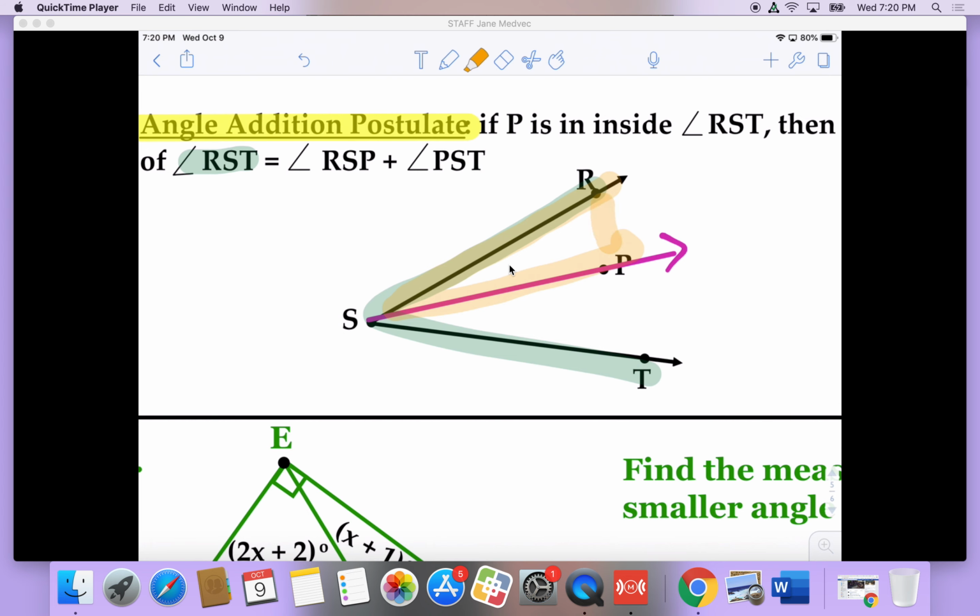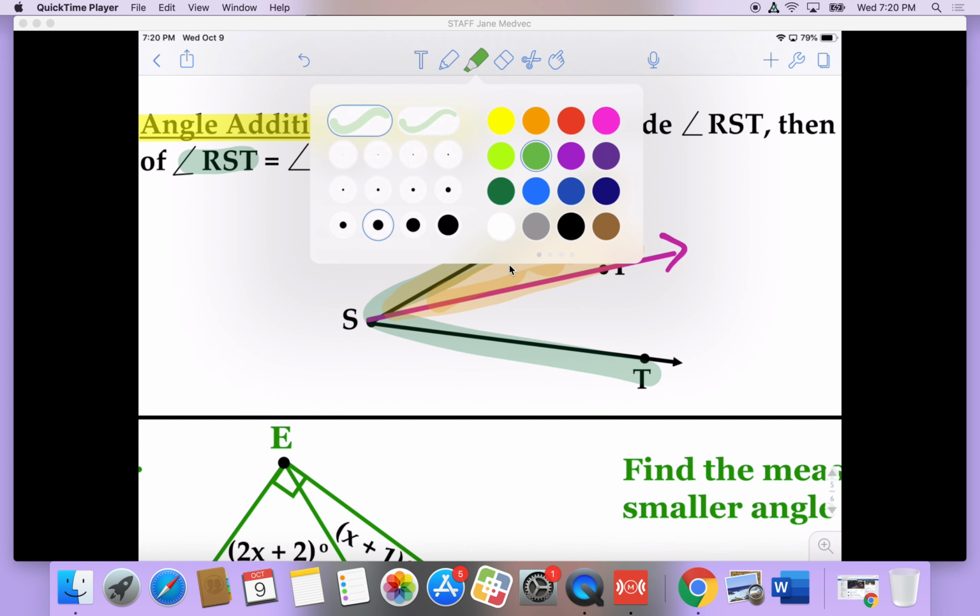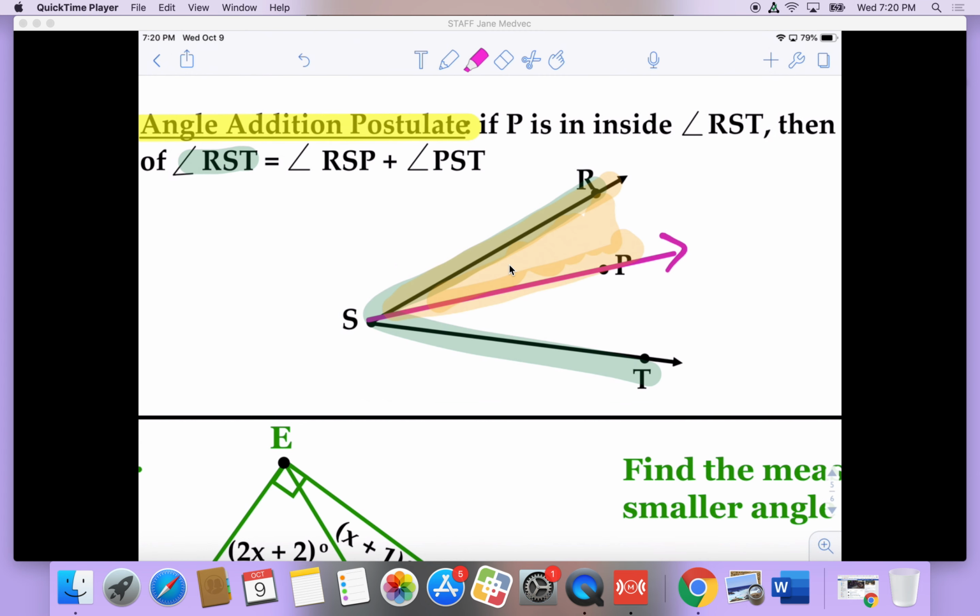Here's RSP, this piece right here. And let's do a different color for PST, which is this right here. So it's saying that orange angle and that pinkish purple angle equals that whole green angle. And so I'm adding those pieces together to get a whole angle.